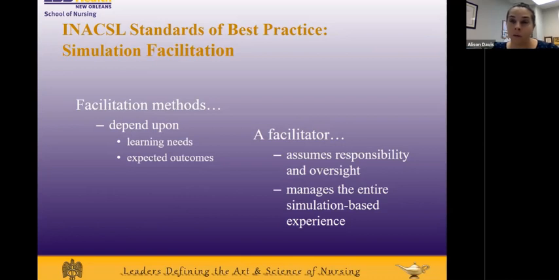So we have one faculty that does the simulation equipment and one faculty that focuses on the students, because we truly believe and evidence shows that you cannot successfully, depending on the fidelity of the simulation, now I'm going to say that, run the mannequin and the software and watch and evaluate and facilitate the students at the same time. It's a lot. So just keep that in mind.